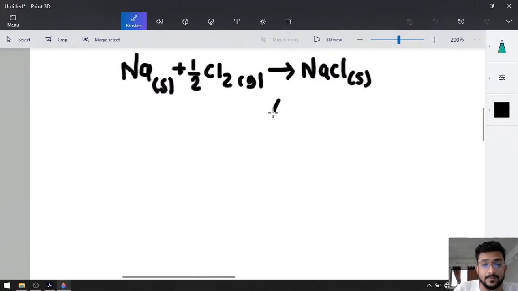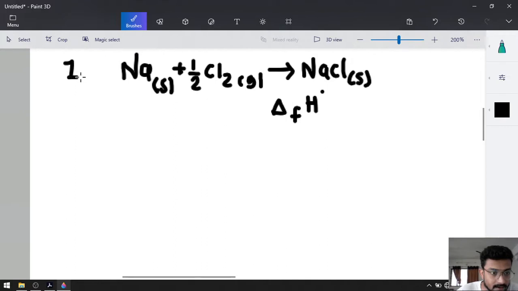So this will provide me delta FH naught, right? Is that clear? But we cannot identify this value directly, so we will need different steps. So for that, this is our first equation.